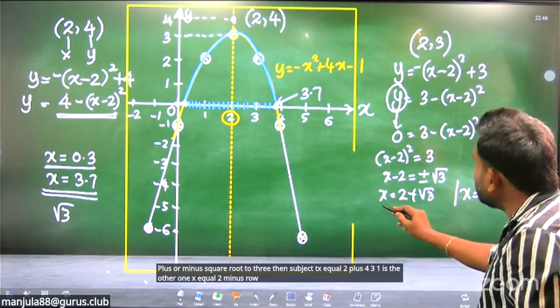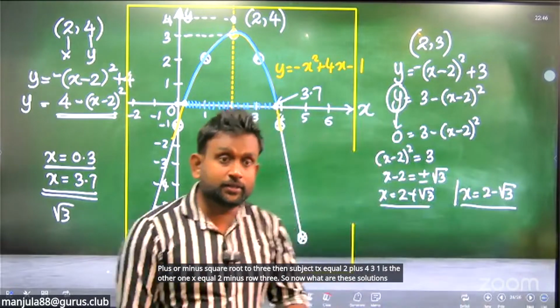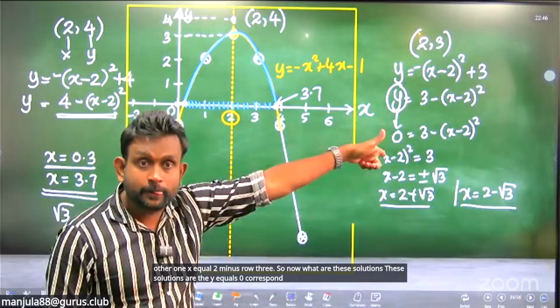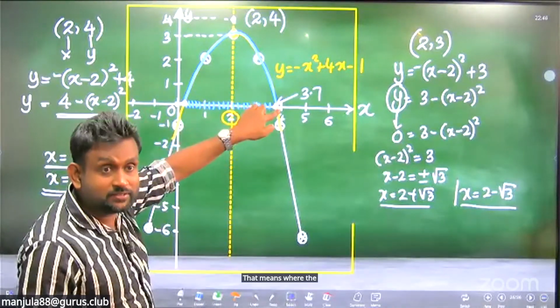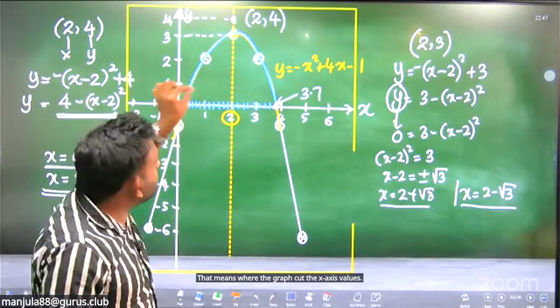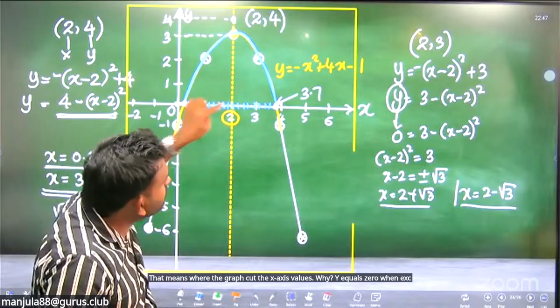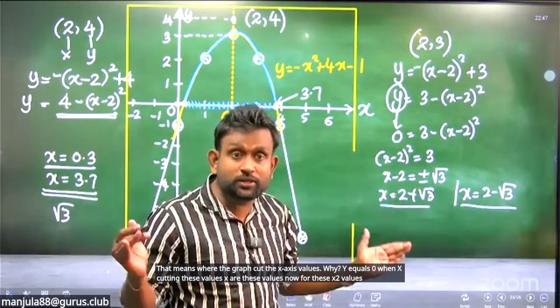These solutions are the corresponding x values where y equals 0, that is, where the graph cuts the x-axis.